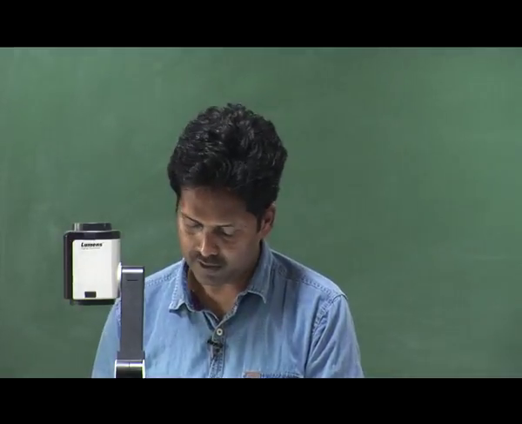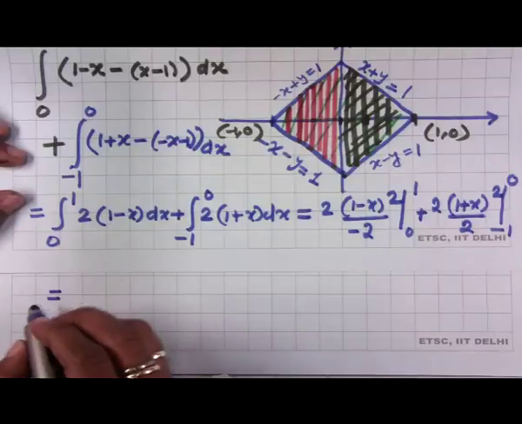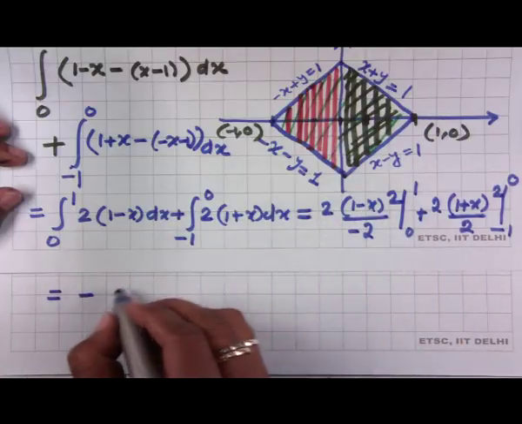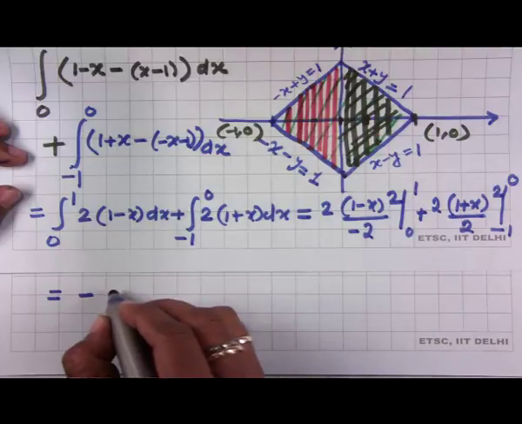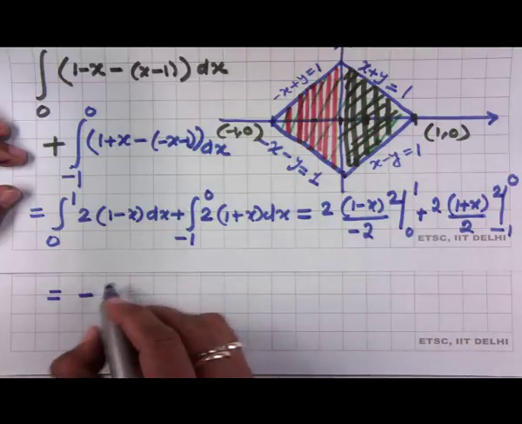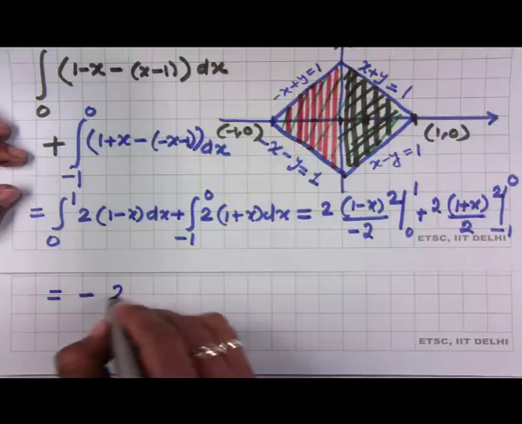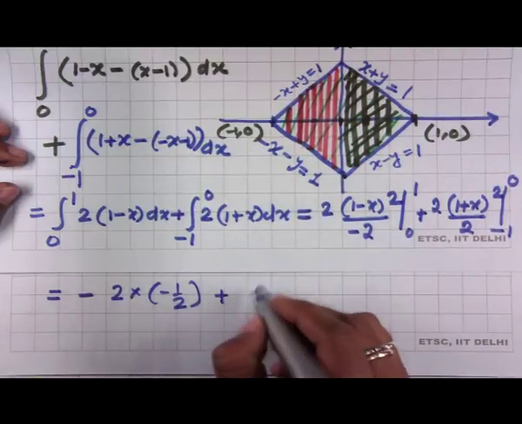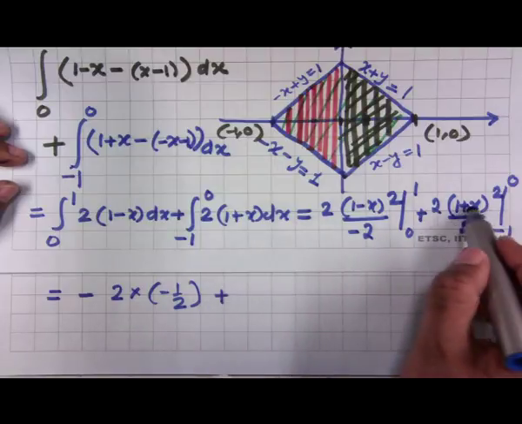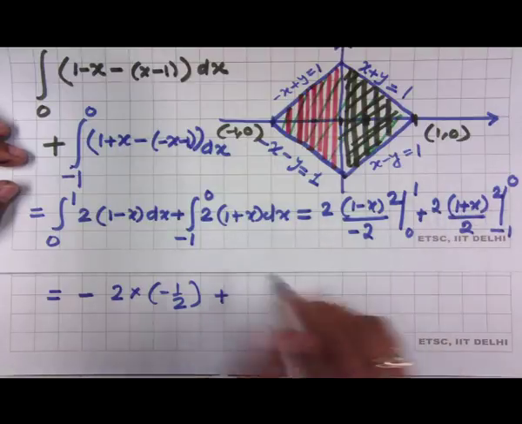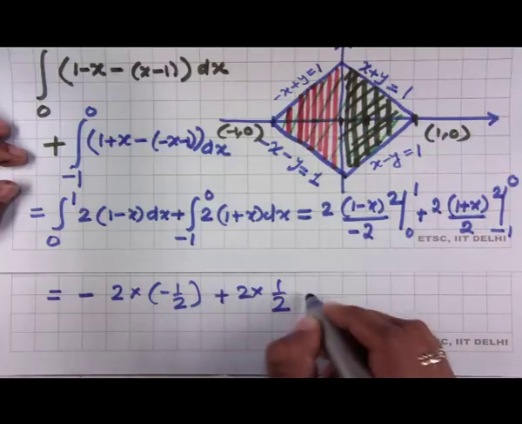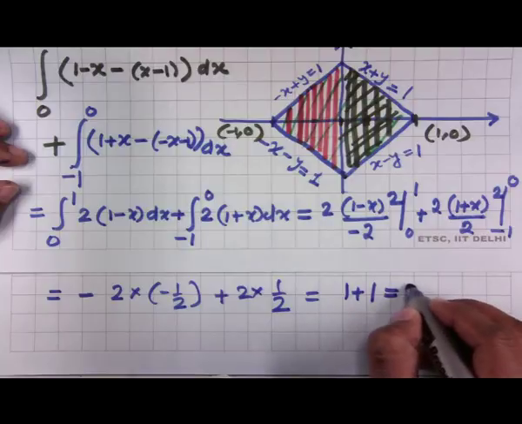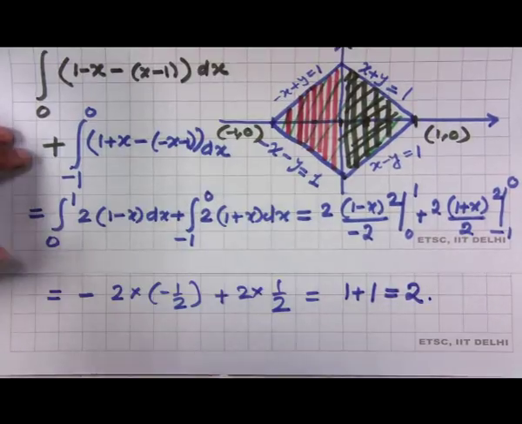By putting the limits, we see that for upper limit this value is 0, then minus lower limit will be giving you 2 into minus half, plus upper limit again will be giving you value, lower limit will be giving you 0. So, we get 2 into half again. So, we get 1 plus 1 which is equal to 2. So, total required area is 2.